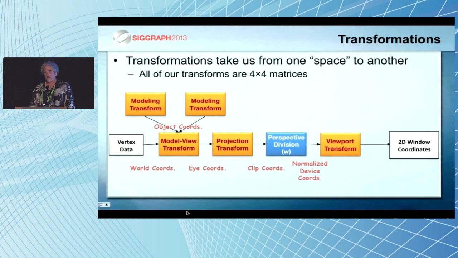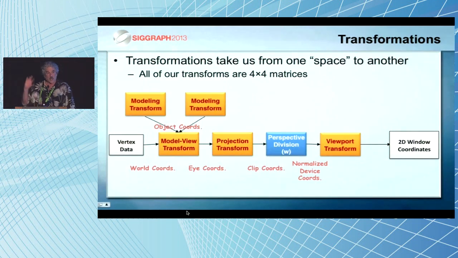And we apply a modeling transformation which brings them into the world space. So we apply a transformation that generally does three things. It sizes it to the size you really want in your own coordinate system for your application.